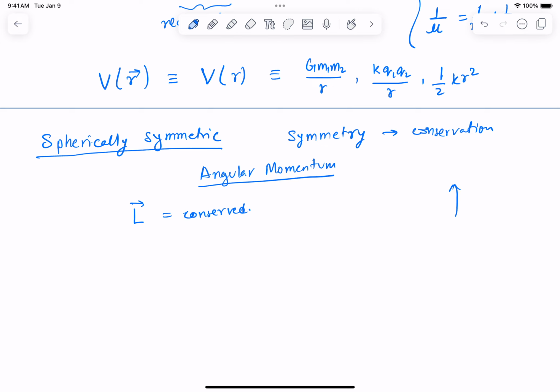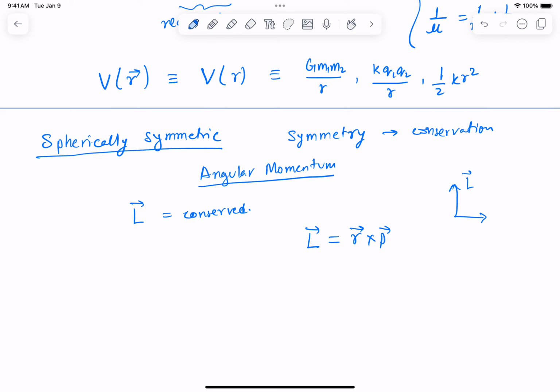You can see very easily that this angular momentum vector, which is defined as L equals r cross p, where p is the momentum and r is the radius vector, points in a particular direction, and this radius vector must lie in a plane which is perpendicular to the angular momentum.